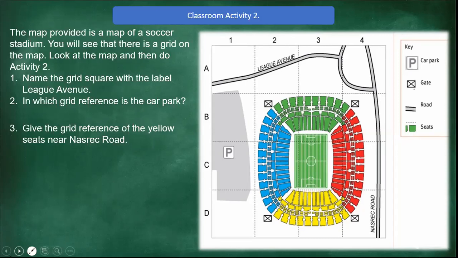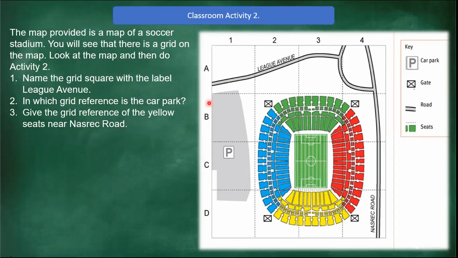Give the grid references of the yellow seats near the Nesrek Road. We have Awelani. Ma'am, can you repeat your question?